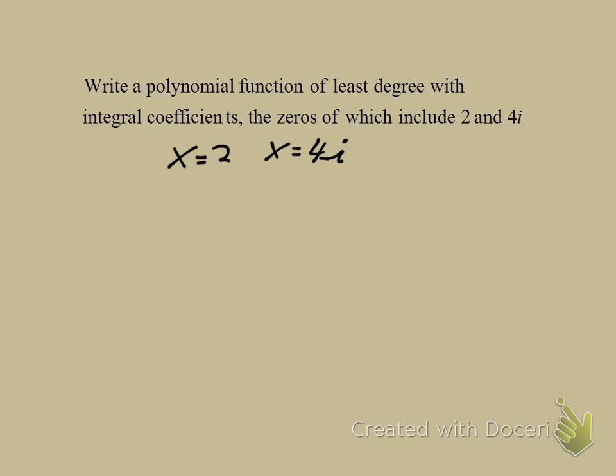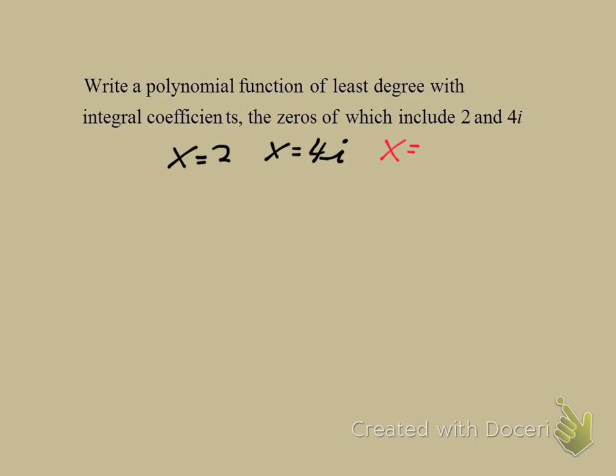Now, if that's all you put, and you try FOILing that, good luck. You're going to have ix terms all over the place. That's why the complex conjugate theorem exists. Okay? Because if 4i is a 0, what else has to be a 0? 4i is the 0, so what else?